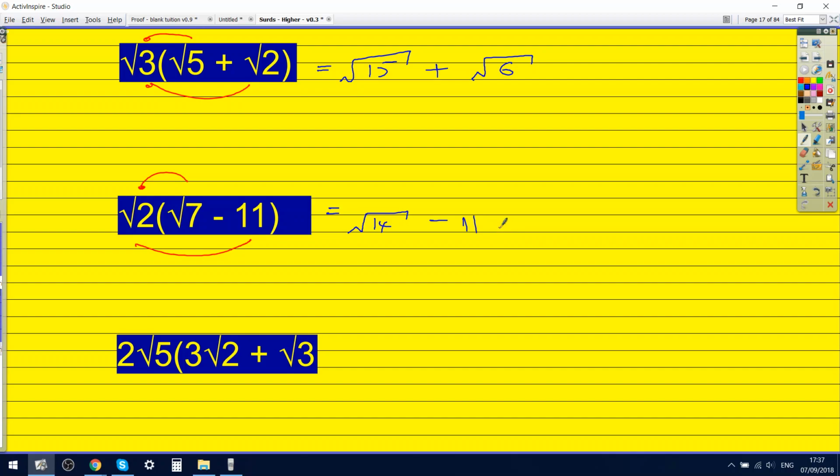Not root 7. What was it times by? Root 2. Yeah, that's it. So root 2 times 11. You can swap those two around, and you can say that's 11 times root 2, and the short way 11 root 2. And how about the last one?